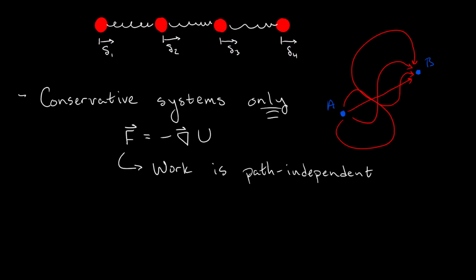Another way of saying this is that if I start and stop at the same point, so say I am always considering ending where I began, again, I can follow these crazy paths, whatever. I could also just stay standing still. I'll always do zero work to get there. Meaning that if I put some effort, in hand-wavy terms, into going along one part of that path, I get that back.